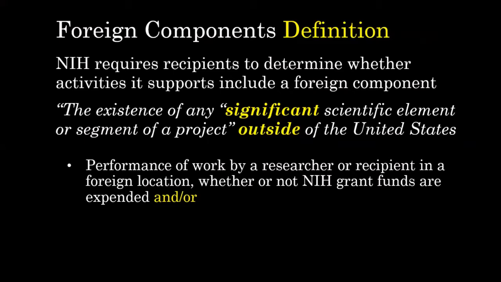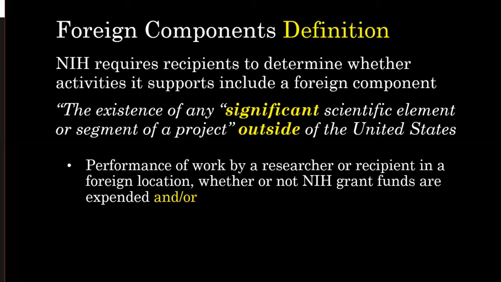It is the performance of work by a researcher or recipient in a foreign location, whether or not NIH grant funds are expended or not. So whether or not you're paying them as a subaward, if you're collaborating with them, exchanging data, or exchanging materials, any of those things you need to be disclosing. And then in the end, will this work turn into a publication and shared authorship?